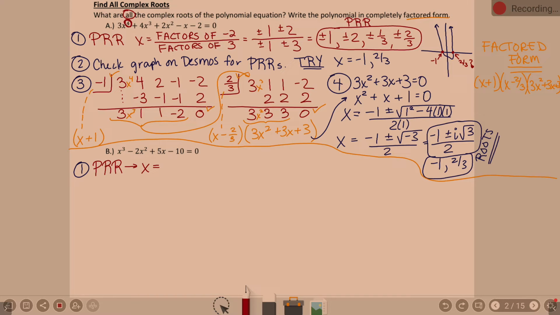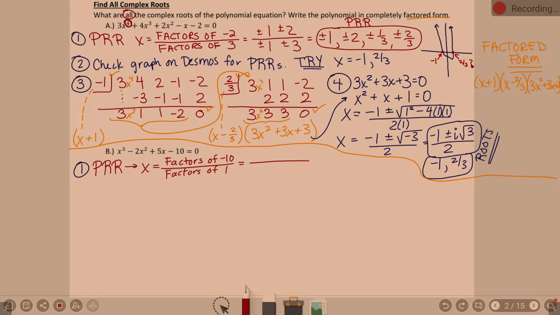Factors of the constant, which is 10, over factors of the leading coefficient, which is 1.